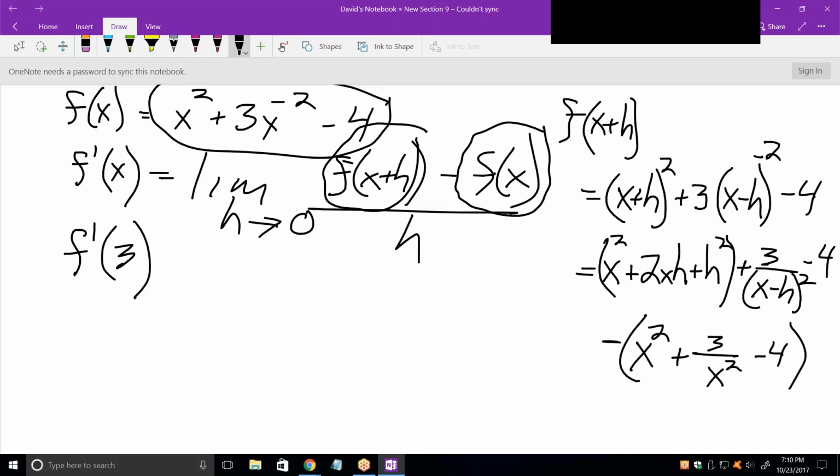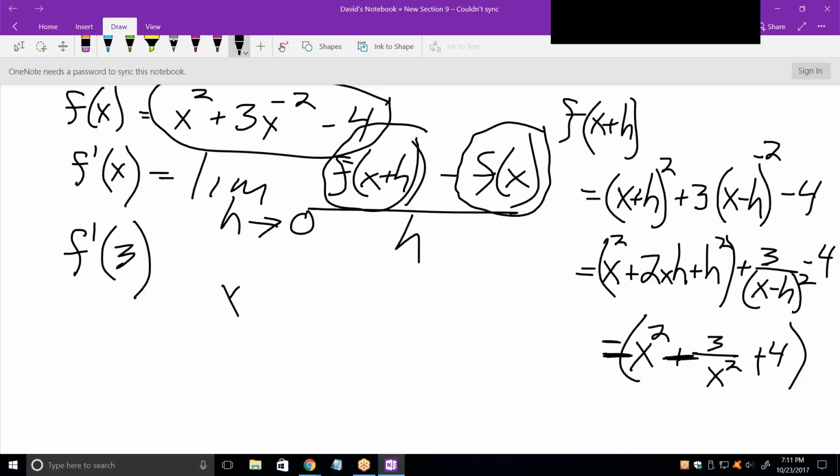Okay? Now, let's do the easy part first. We notice that if I remove the parentheses, let's put a negative sign there, a negative sign there, and a positive sign there. Now here's what we have.